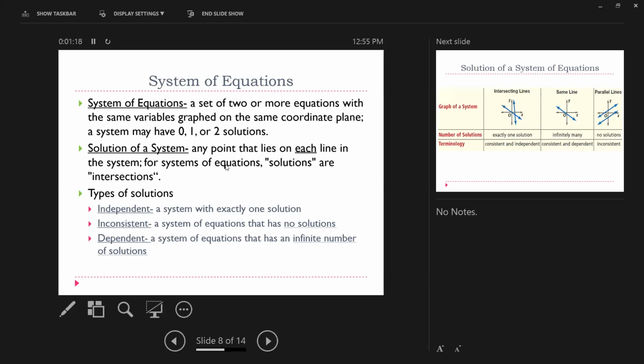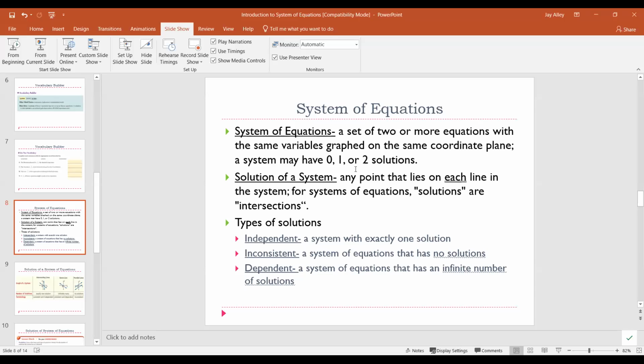Here's where you have the differences in the types of solutions. Now, don't worry about these terms down here at the bottom: independent, inconsistent, dependent. We're not going to worry about that too much. In fact, there's a typo I just saw on that slide.